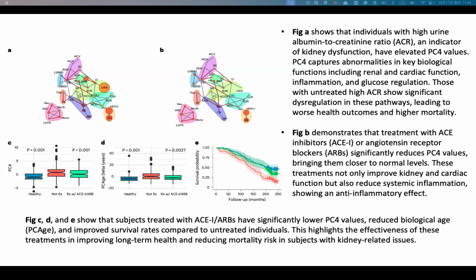I'm not sure about the data set. This is the data: information on whether it took this inhibitor, this drug or not. It's in the data set.